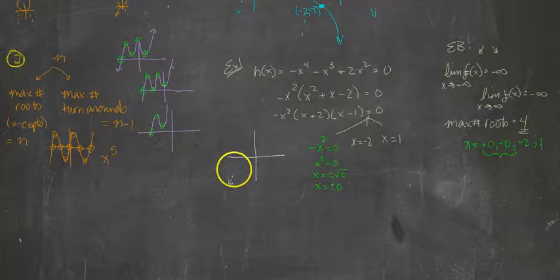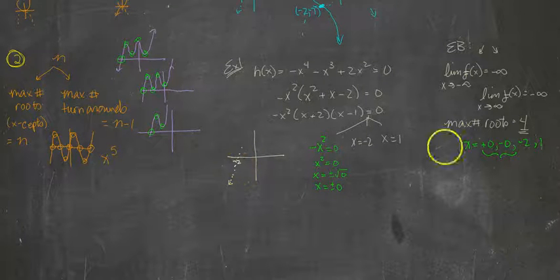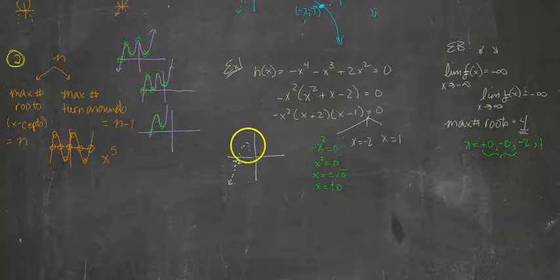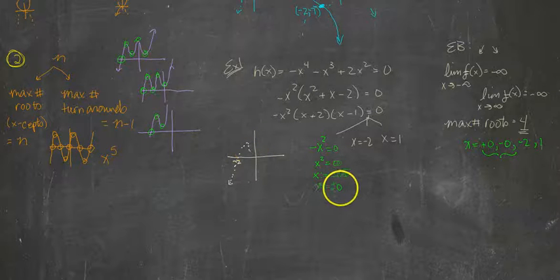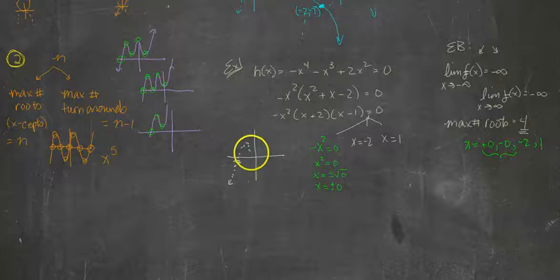I've got a root at negative 2, so it's going to come up to negative 2, right? And then it's going to turn back around and come down to 0. That's the next root I encounter. And since it's a repeated double root, it means it's going to come and touch and turn back around.